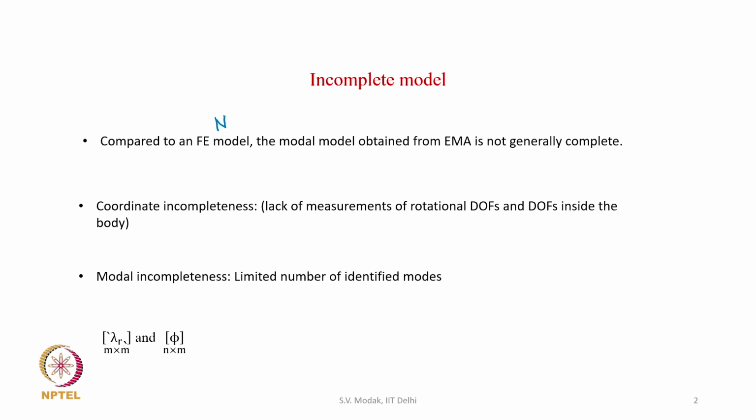It is a diagonal matrix and there are m eigenvalues on the diagonal. When these matrices are compared with the degrees of freedom of the FE model, we see that their order, the number of rows and columns, is far less than the degrees of freedom, capital N, of the FE model. Therefore, the model we obtain is incomplete when compared with the corresponding FE model.